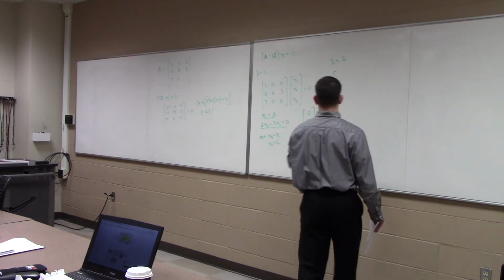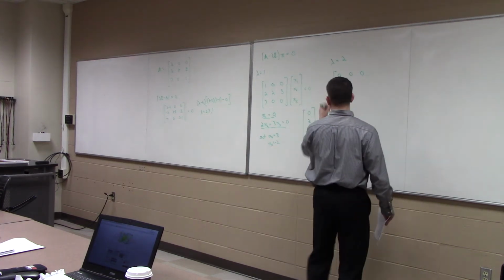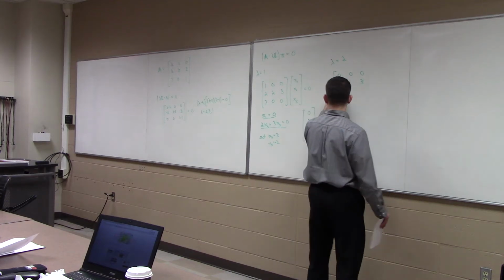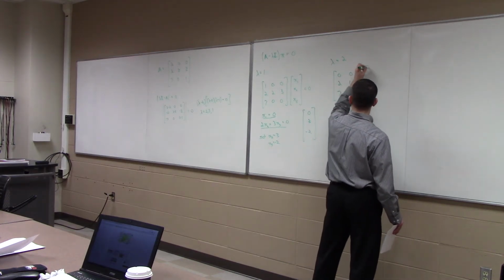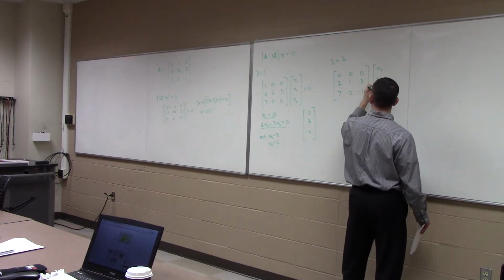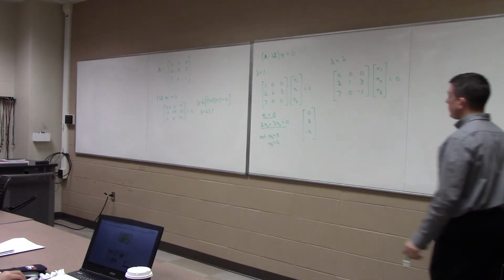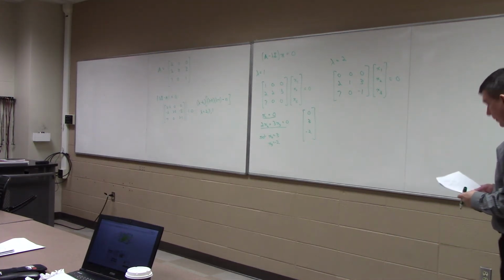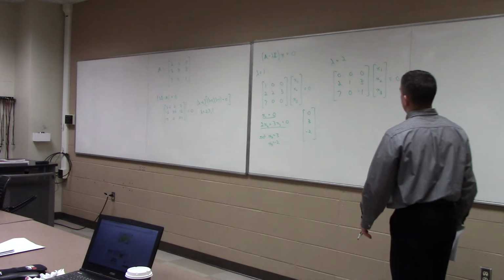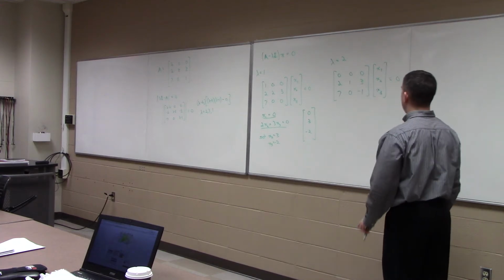My lambda is equal to 2. That set of equations. So the first equation tells me nothing. It says that 0 is equal to 0. We know that's true.